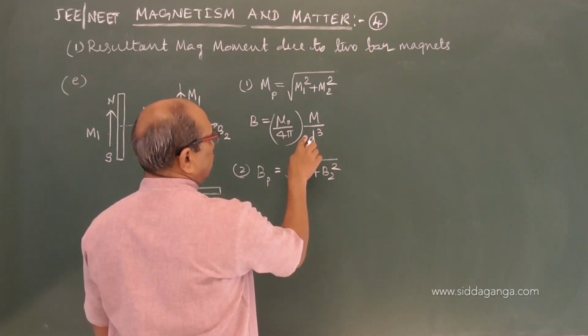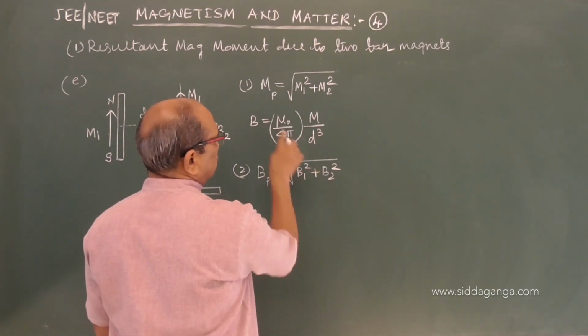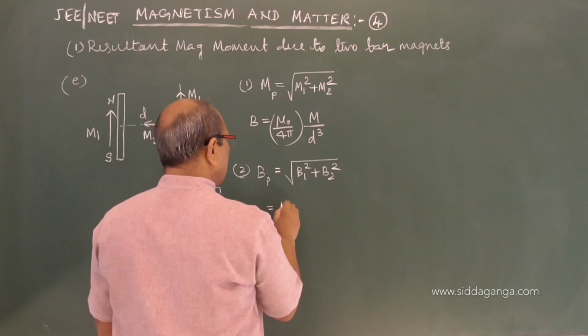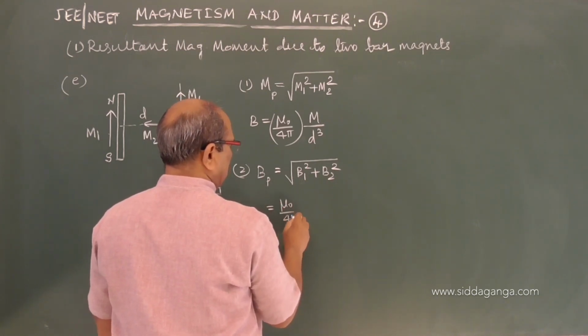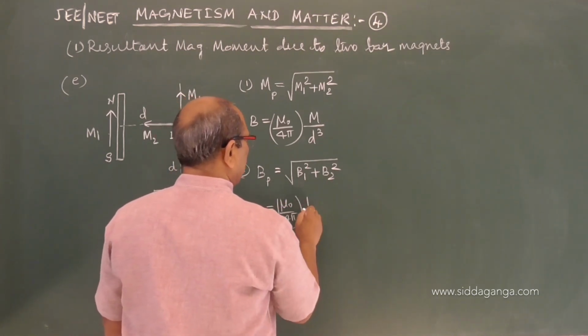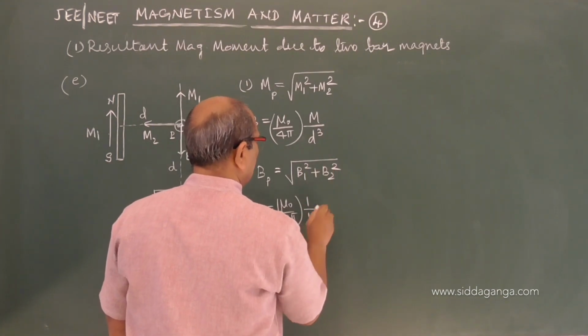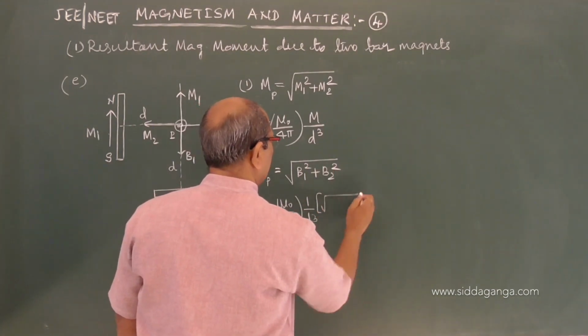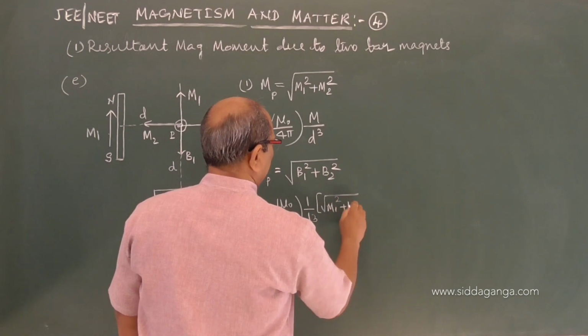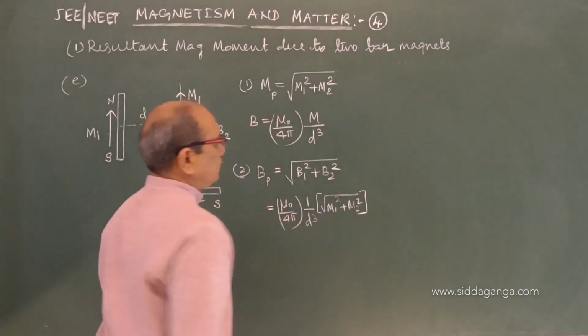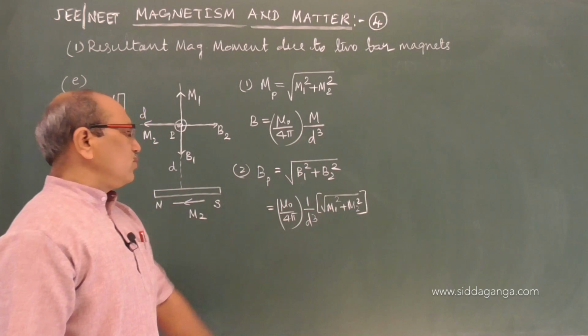So this B is, with M1 square plus M2 square, the other factor common. We can write mu naught upon 4 pi into 1 by d cube common, and in place of that, I can write root of M1 square plus M2 square.